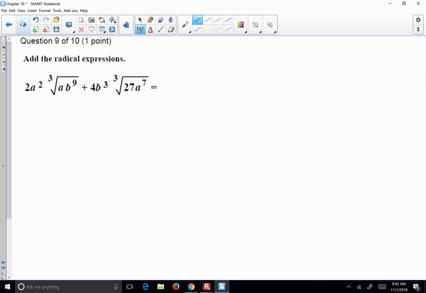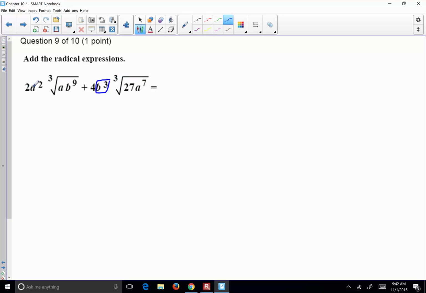Wow, what a mess. Okay, this is a little bit confusing to read, but this is b cubed. Look like they are far apart, but it's b cubed. This is cube root of 27a to the 7.